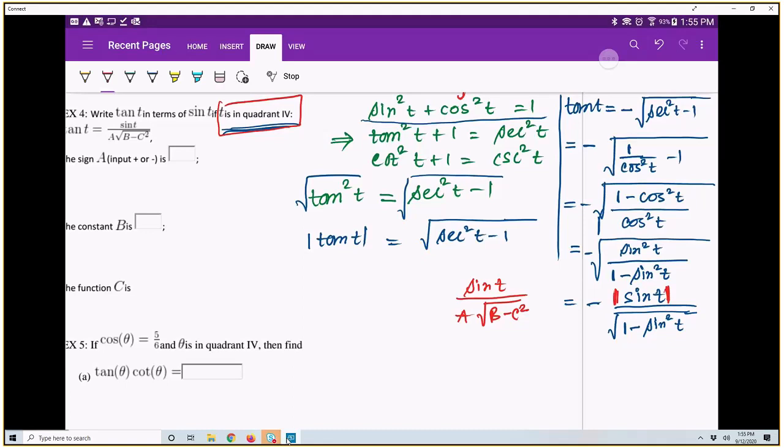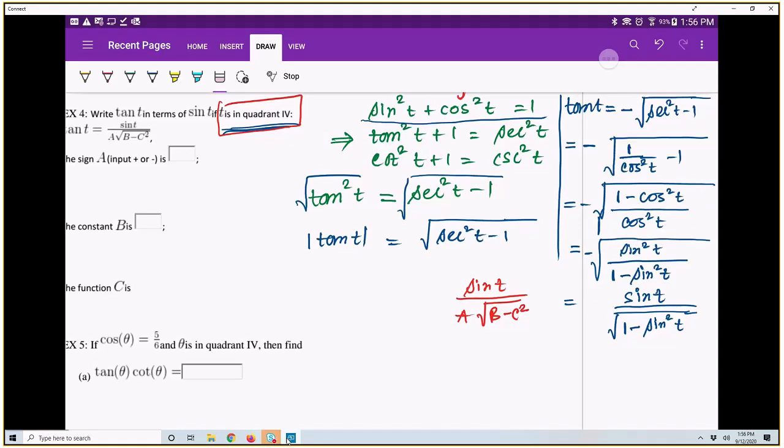When you remove the absolute value, you should come out with a negative value. And then that negative and this initial negative over here will make each other positive. It means that the negativity of sine t and the negativity of tangent t will cancel each other and give me a positive value.